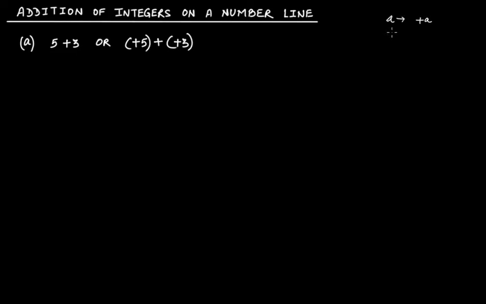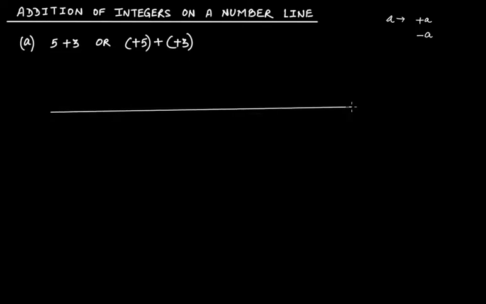Had it been a negative number, it would be minus a. So 5 plus 3 also means that you are actually adding plus 5 and plus 3. Let's begin our discussion on addition and perform addition in this case.